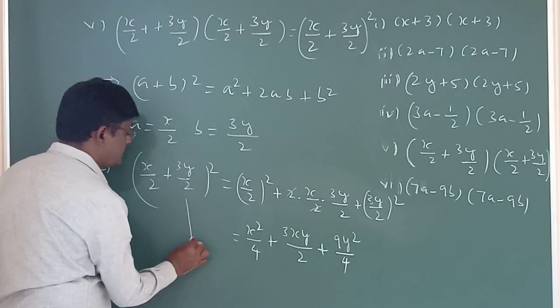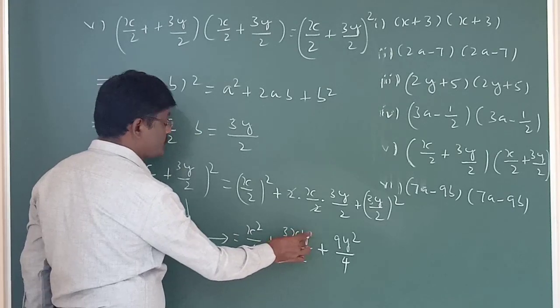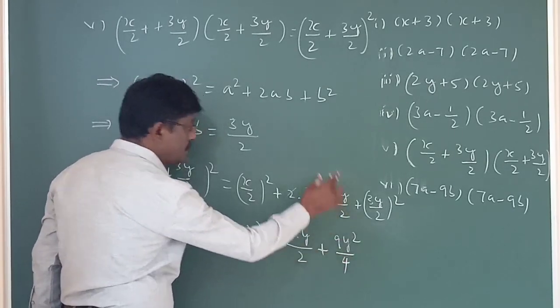Hence, the product of this is x square by 4 plus 3xy by 2 plus 9y square by 4.